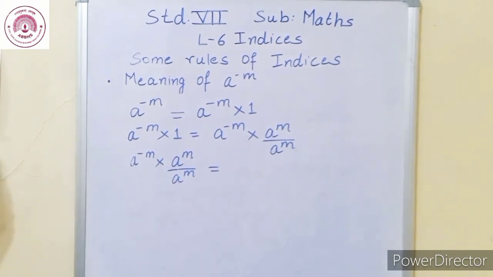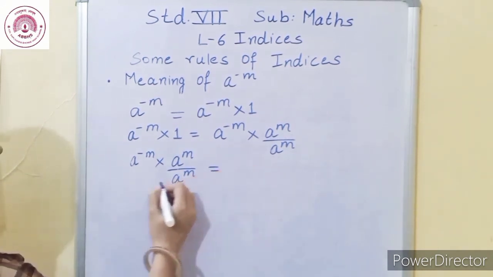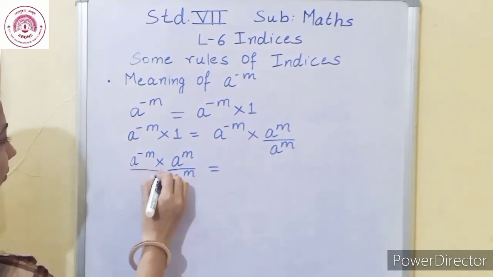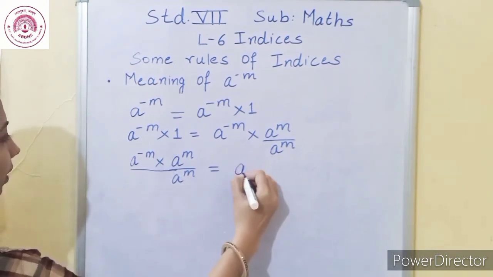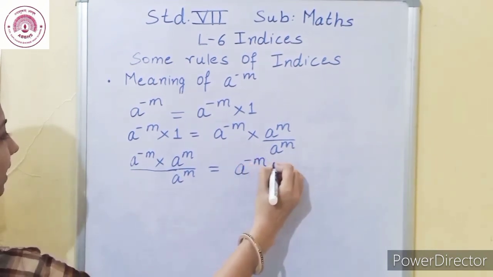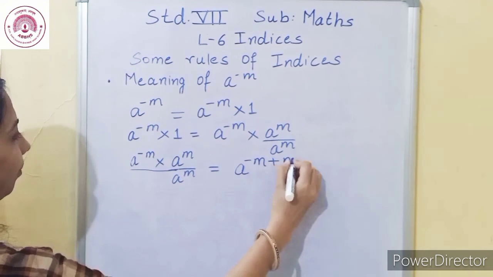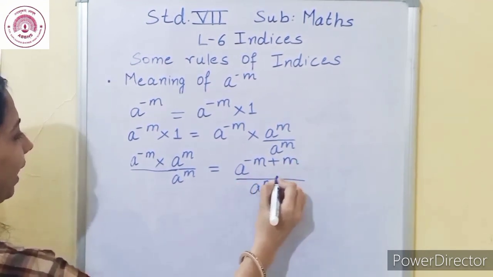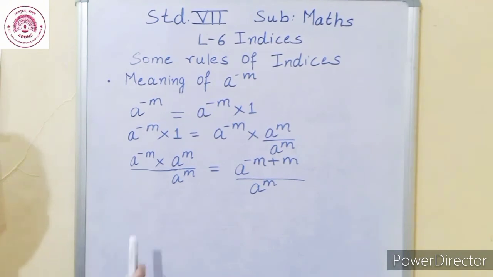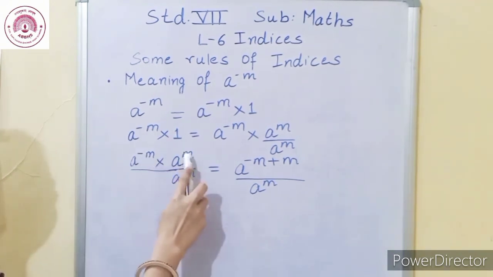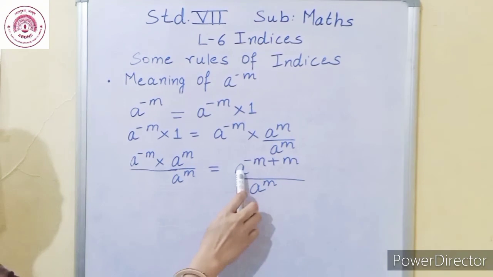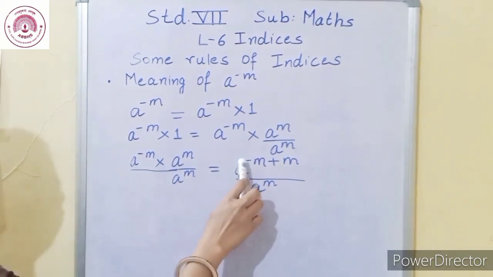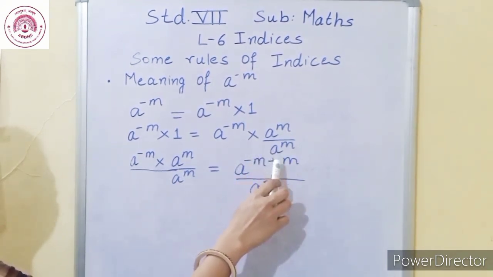So, while multiplying such indices, we simply add the powers. So, a raised to the power minus m plus m upon a raised to the power m. We have added the exponents, so this becomes a raised to the power minus m plus m.